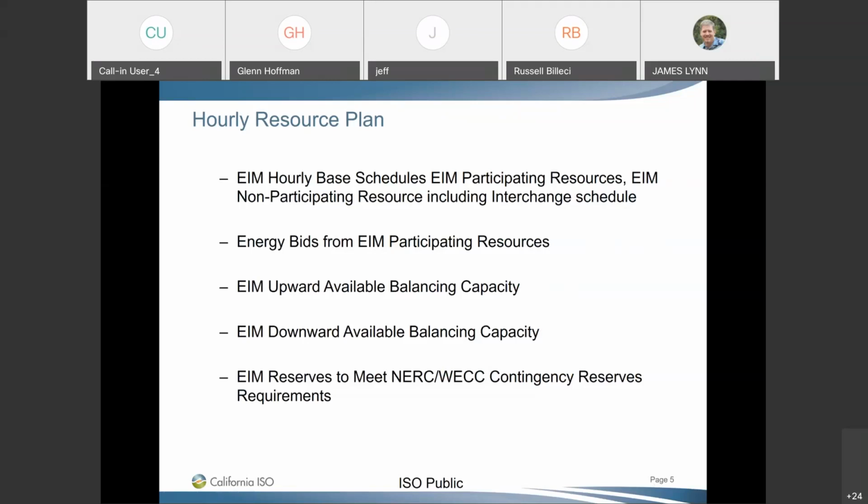We're going to make the assumption that that resource's imbalance was due to regulation. And what we'll calculate is regulation energy. And instead of charging you for uninstructed imbalanced energy or paying you for uninstructed imbalanced energy, we in essence will convert that uninstructed into regulation energy and pay you and charge you accordingly.